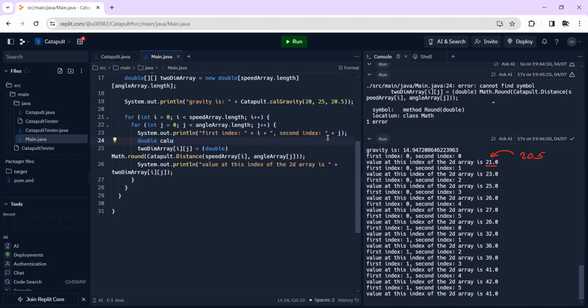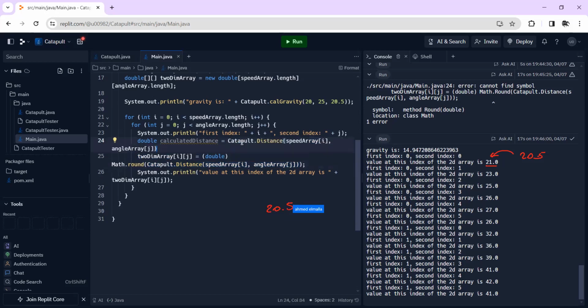But do you know why we multiply by 10 and then divide by 10? Yeah, because it has to be to one decimal place. If you multiply by 10 and then round it to the whole number, that's like rounding to 0.1. So if it is 20.5, I multiply by 10, it becomes 205, right?